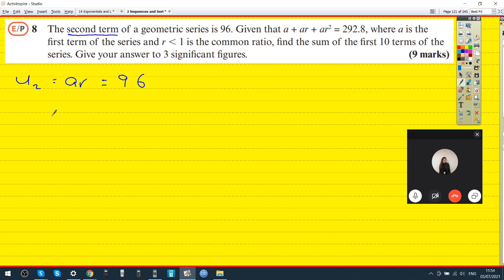Would you want to get rid of the square first of R? Well, you see the AR. What could you replace that with? Oh, the AR and the 96. So A plus 96 plus AR squared equals that. And then we can minus 96 on both sides.